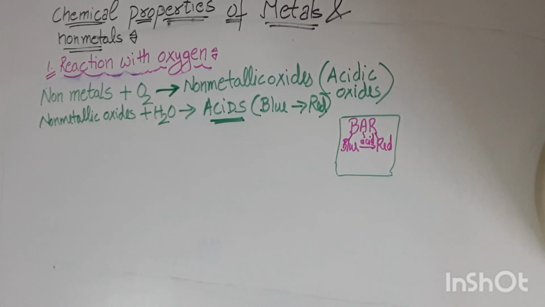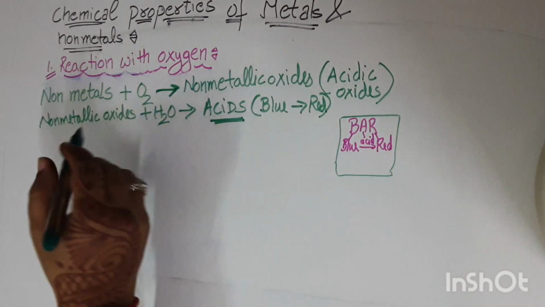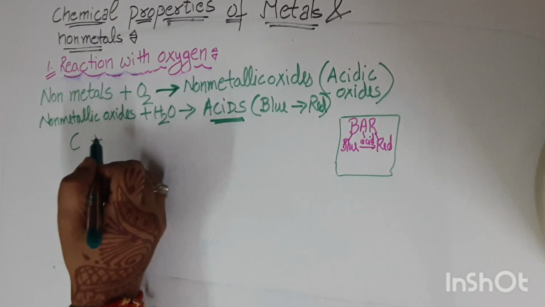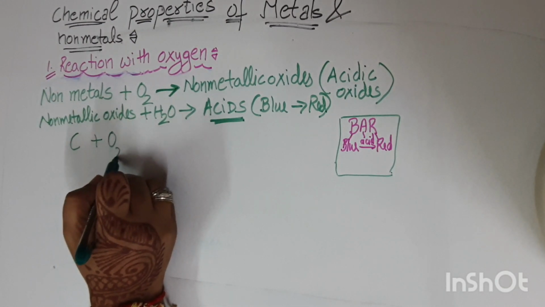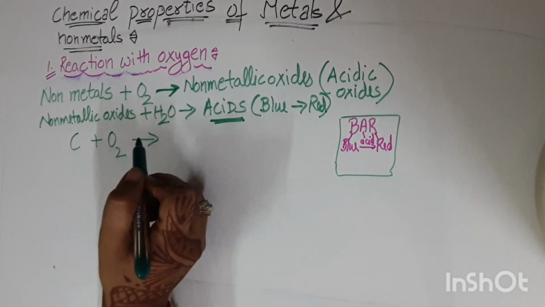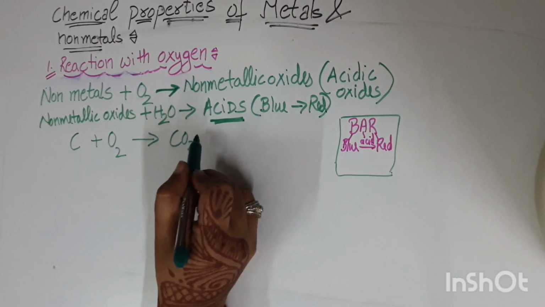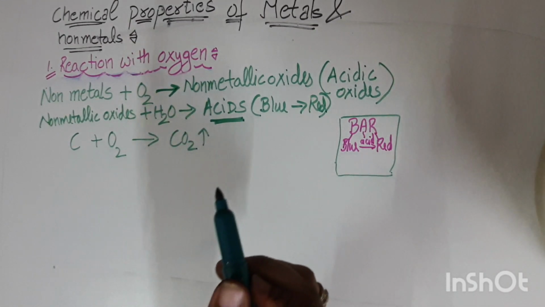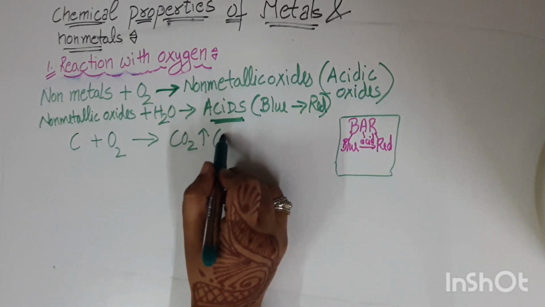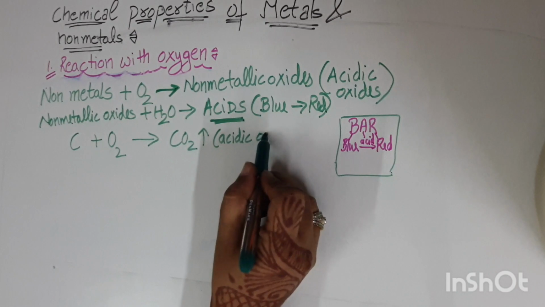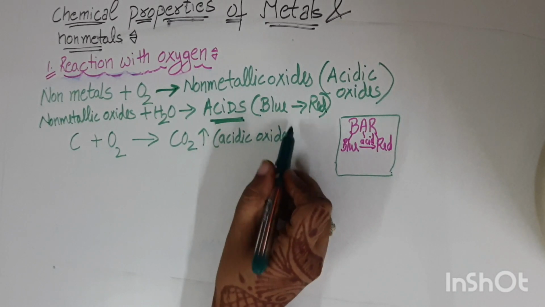Now let us take an example. Let us take the simplest non-metal, carbon. Take a carbon piece or charcoal and burn it in the presence of oxygen in a gas jar. It will give you carbon dioxide gas. Now we know that this carbon dioxide gas is an acidic oxide. How will we find that out?